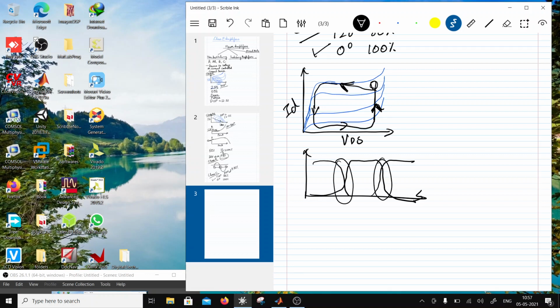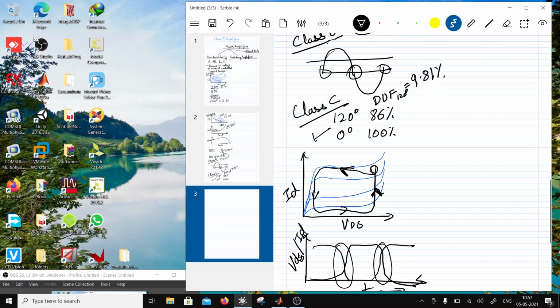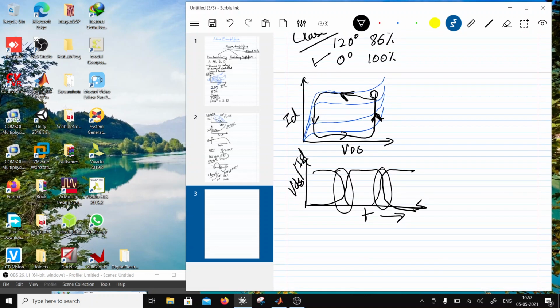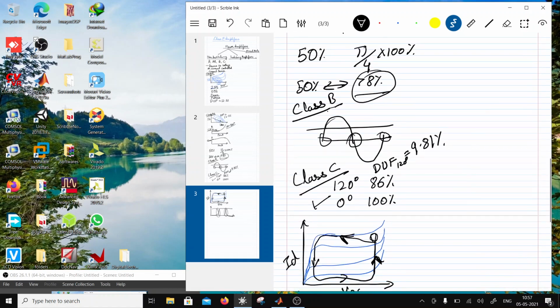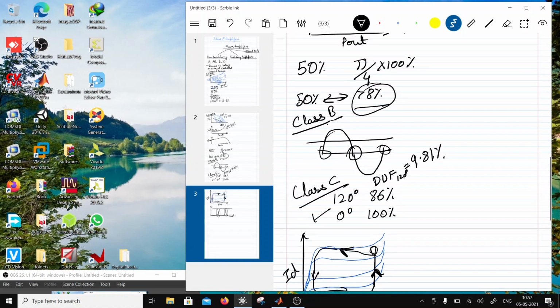Most of the overlap is the cause of the dissipation, right? So in this case I am plotting drain voltage or drain current, and this is time. This is what happens in case of A or B when it is compressed. We can plot this and see what is happening.